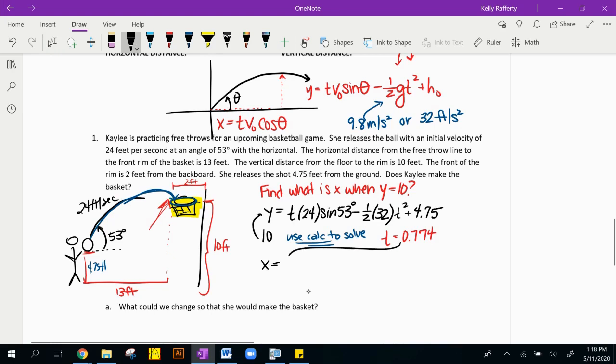I'm going to sub it into this equation: 24 cosine 53. Throw that in the calculator, and make sure you're in degrees. My answer turns out to be 11.179. Let me double check that really quick.